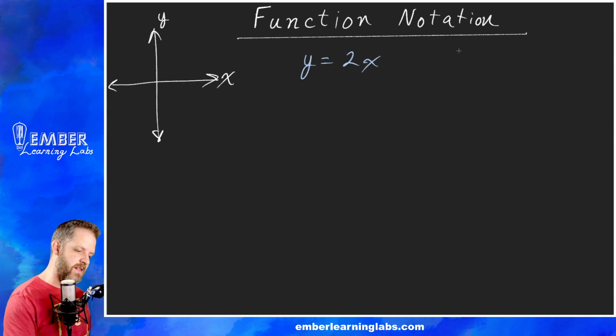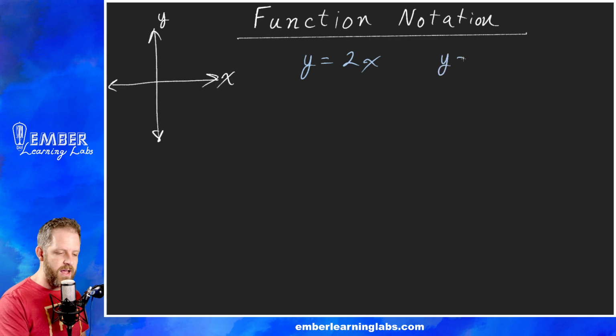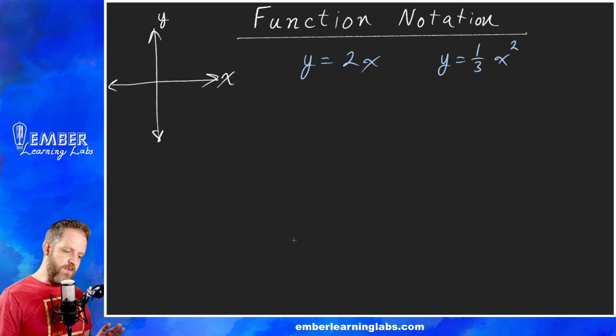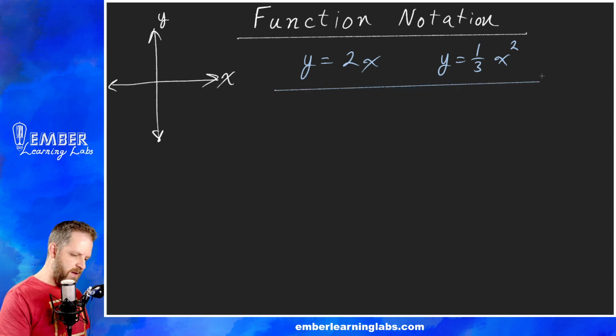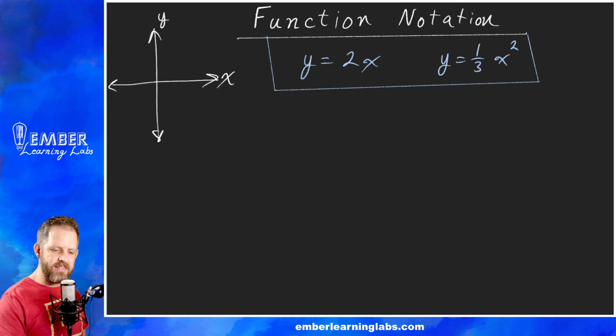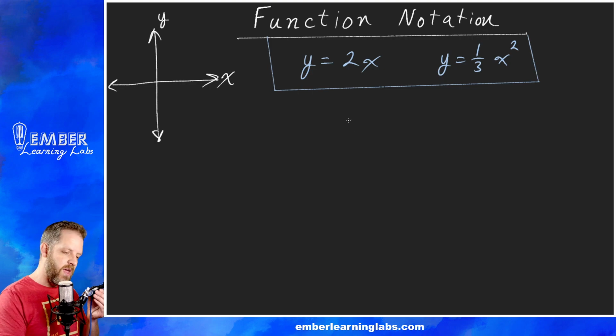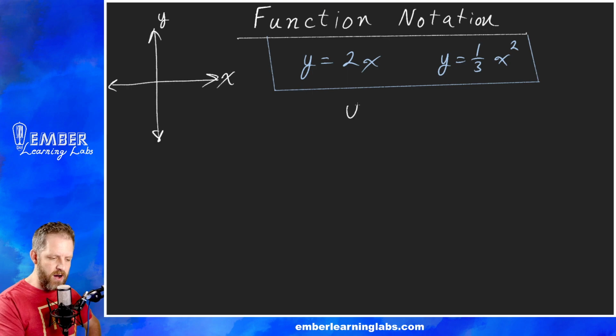And then even later down the line, we might graph something like y equals 1/3 x squared, etc. And so function notation adds something more descriptive. It adds something to there that's a little bit more on the descriptive end. And what it does is it replaces y with f of x.